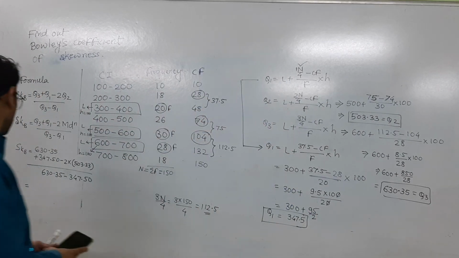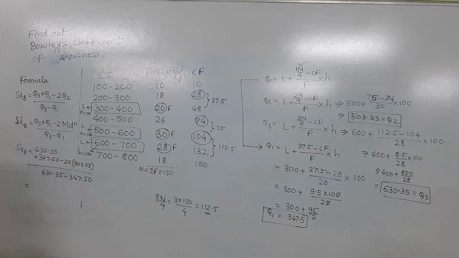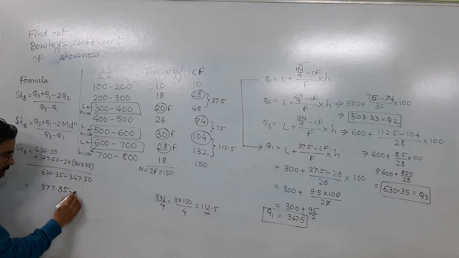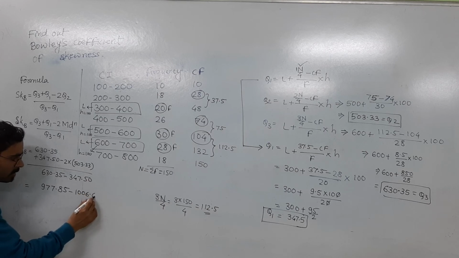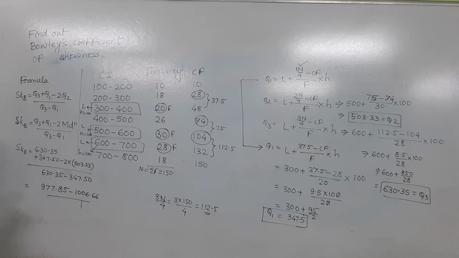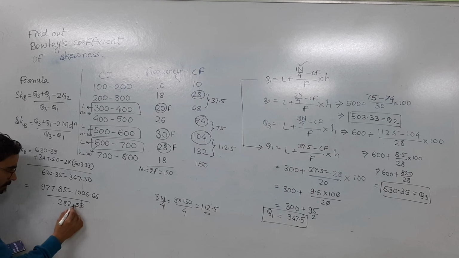Calculate 630.35 plus 347.5. So the addition will be 977.85 minus 1006.66, whole divided by 630.35 minus 347.5, which is 282.85.